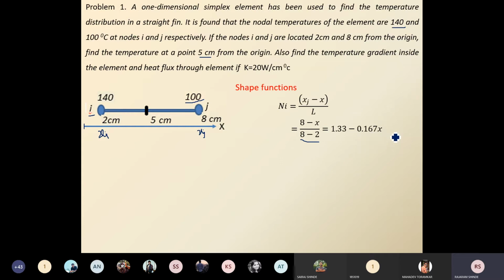Is it correct? Rushikesh Dore, is it correct? Yes, sir. Okay, now you tell me Nj. Nj is (x minus xi) upon L. Now you put the values of xi and L and tell the equation.